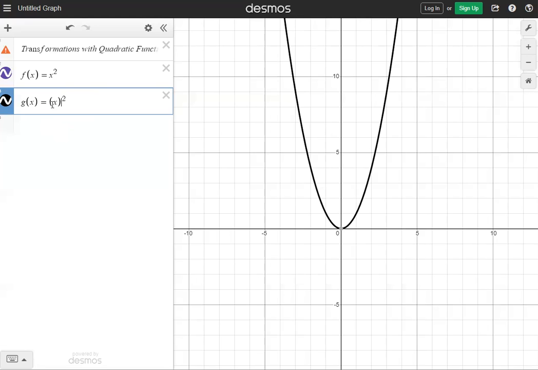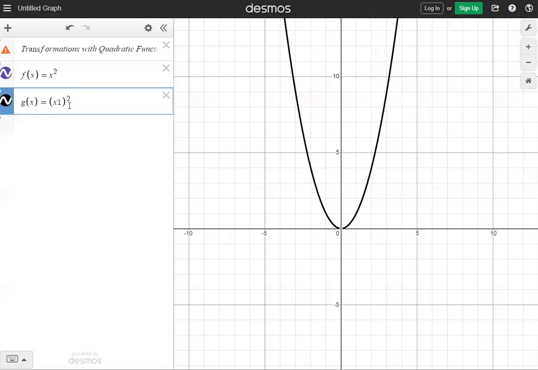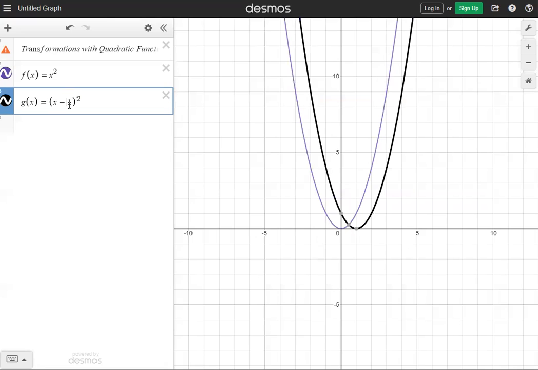So now if I add a number on the inside, like let's say I add 1, the function moves to the left, right? So the function has moved to the left by 1. And that's because I added 1 on the inside right here. Now, if I wanted to move to the right instead, I would subtract on the inside. And that moves the function to the right.